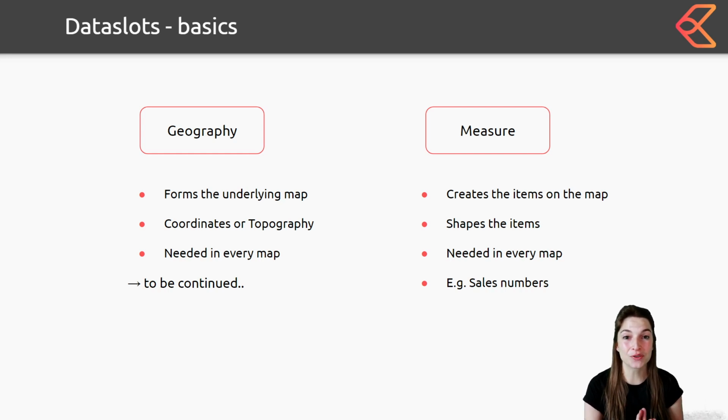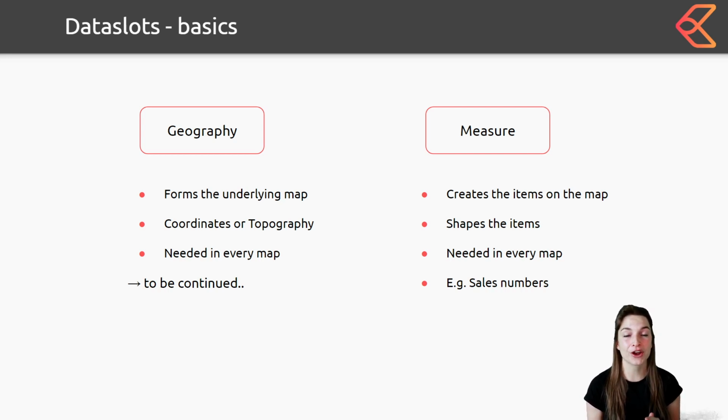And that one you need to add data to create the map, which is underneath. So the underlying map will be created by geography data. And what you can use for that are, first, coordinates, or secondly, topography. I will show you later on in Camelayo what it means and how you can create them.